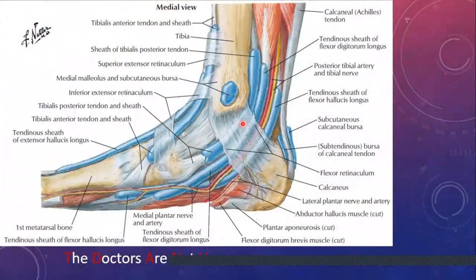This is the flexor retinaculum here. We have a mnemonic from medial to lateral. Okay, this is medial, this is lateral. The mnemonic is "Tom, Dick And Nervous Harry". T for the tendon of tibialis posterior, D for flexor digitorum longus, A for the posterior tibial artery, then the tibial nerve, then the flexor hallucis longus. You should know that arrangement. Okay, they like that question.